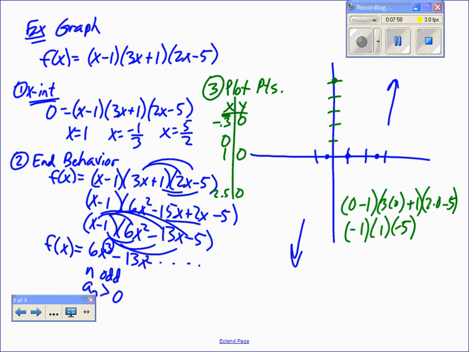5, right? We already got the 1 right there. So it's probably going to go up here pretty sharp, and it's going to come back down here, and then somewhere between here. And of course, you could use your calculator for all these, but we better plug in at least 2.